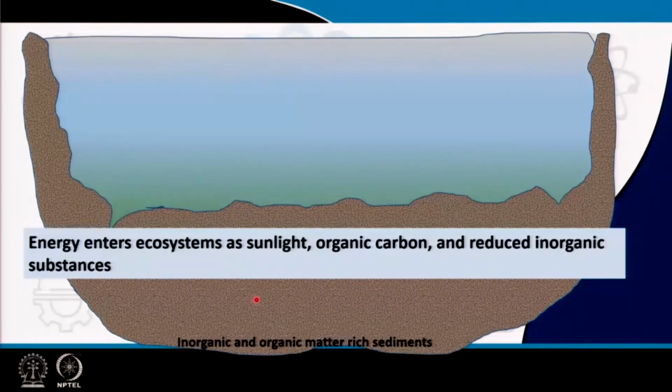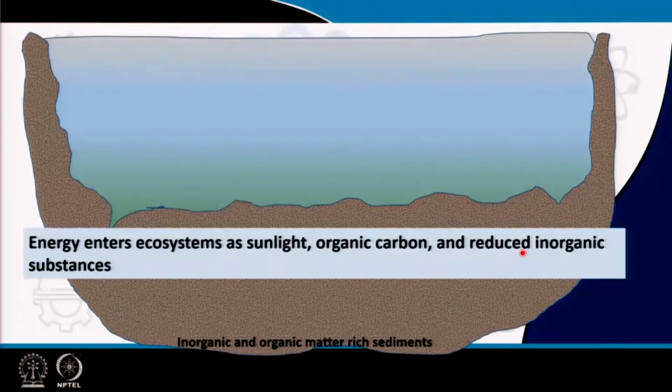To begin with, in this system, energy could be obtained from sunlight, as the surface is exposed to the outer atmosphere. Energy could also be obtained from organic carbon, and from reduced organic or inorganic substances.